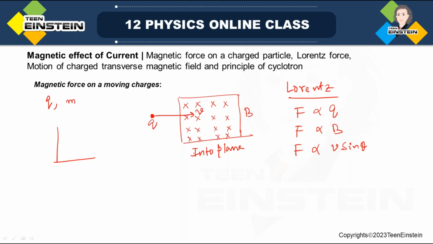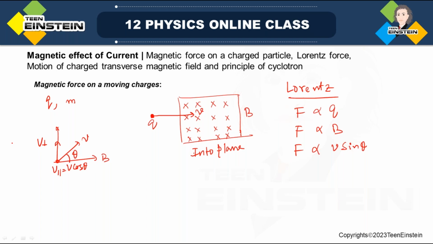General case, let me tell you. Suppose this is the direction of the magnetic field, and the charged particle starts moving from here with the velocity v, making an angle theta with the magnetic field. So this will have two components: one along the magnetic field, that is v cos theta, which is sometimes called the v parallel component, and another component is v perpendicular.